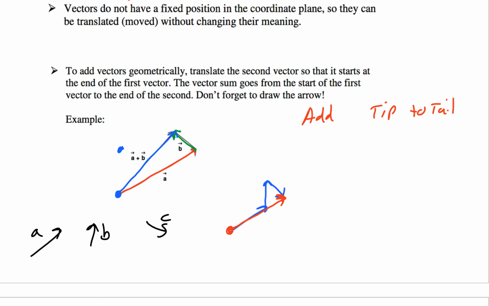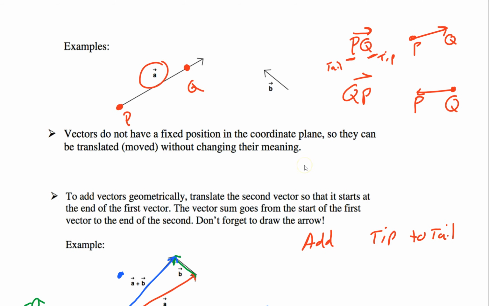By the way, let's say this is vector A right here. What is negative A? Well, negative A just goes in the opposite direction. If this one's going this way, negative A is going this way. Like up here, notice I have a PQ and QP and they went in opposite directions.